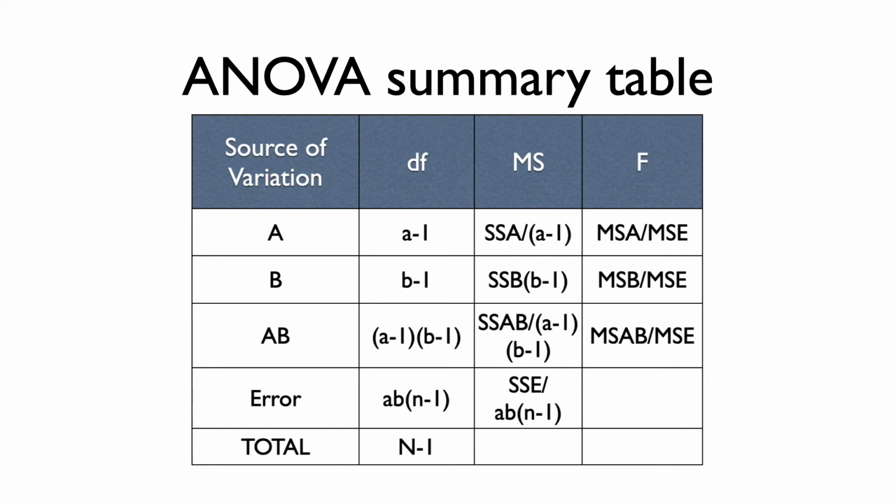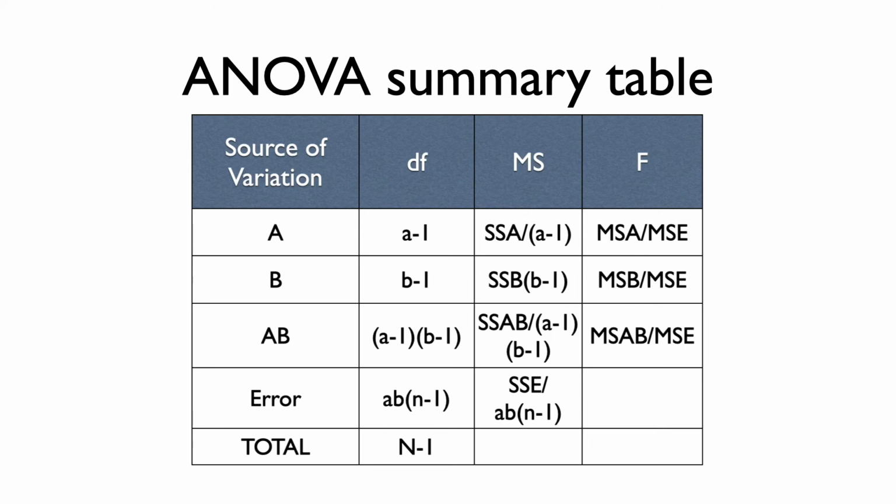So let's say we get 3 levels of A, so it's going to be 2. 3 levels of B, that'd be 2. So for A by B, if we had 3 and 3, we would have 4 degrees of freedom. For error, it's number of levels of A times number of levels of B times the number of observations per cell minus 1.